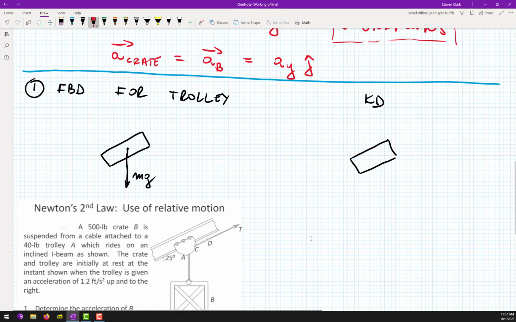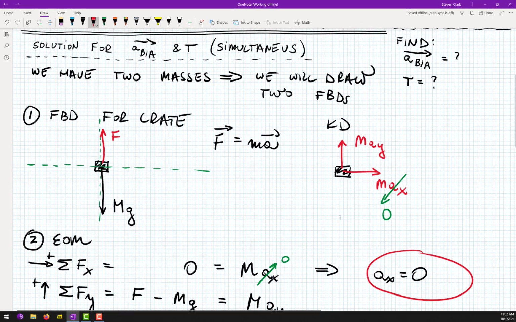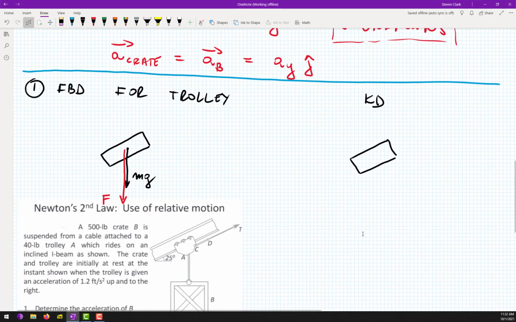Yes. So that would be F. This F is exactly the same as this F, by the way. They just have opposite directions. Okay, any other forces act on this trolley?